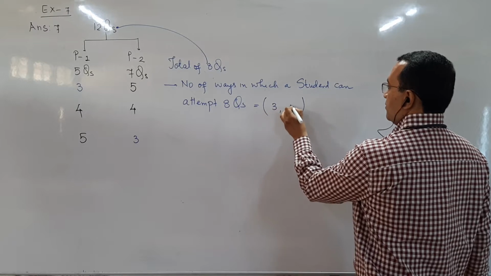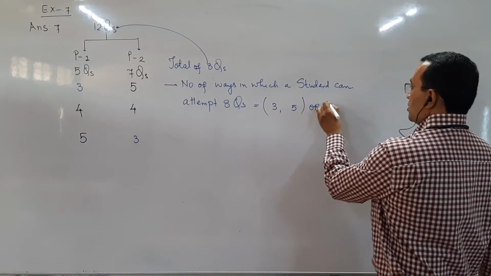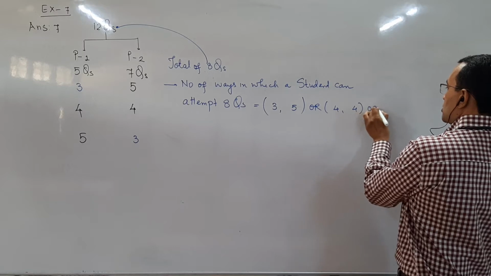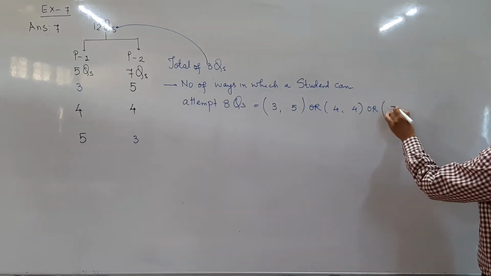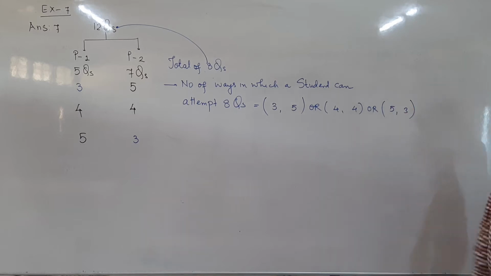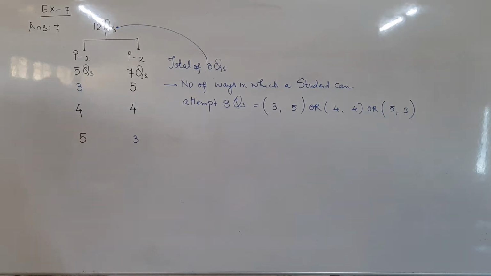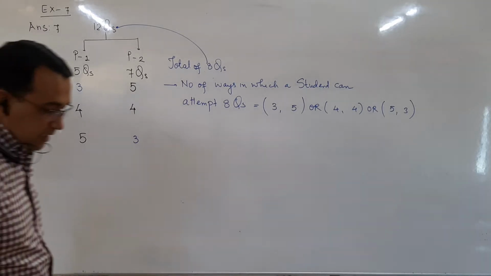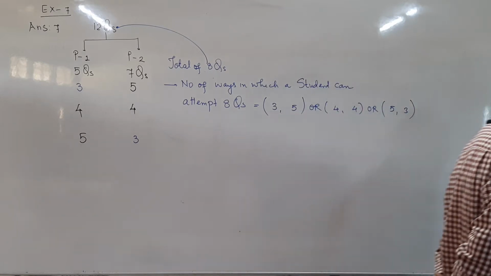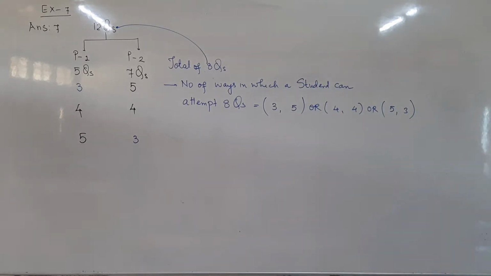So, (3, 5) or (4, 4) or (5, 3). Students, I have shown this in the form of an ordered pair. So students, these are the possibilities for attempting at least 3 questions from each part.